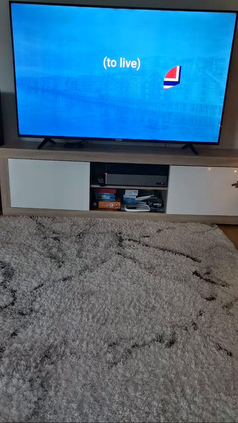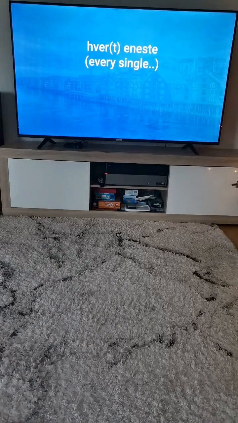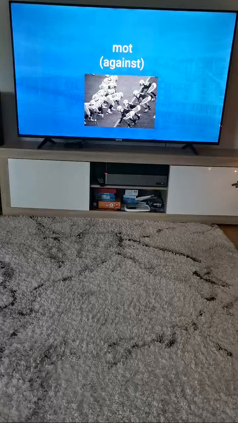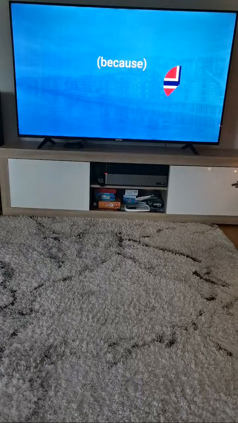Å leve. Hver eneste. Or hvert eneste. Mot. Fordi.